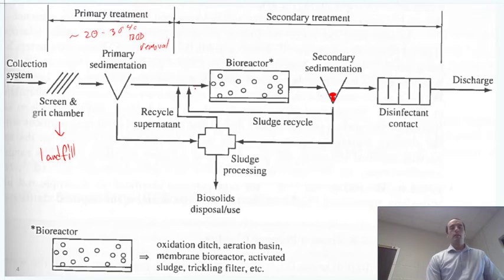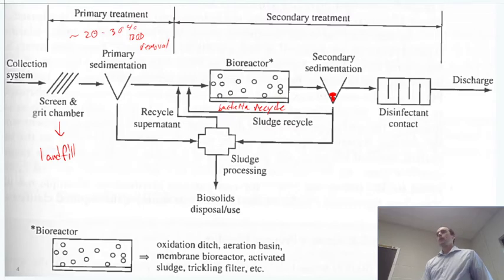So we need this bacterial recycle, because if the wastewater itself that's coming in doesn't have enough bacteria, which typically it won't, then if we just get rid of all the bacteria we just produced, we're starting with a very low concentration of bacteria, and we don't have enough to do as much eating as is possible. Okay, so we will often recycle the bacteria, or rather a portion of them, and then send the rest into sludge processing.